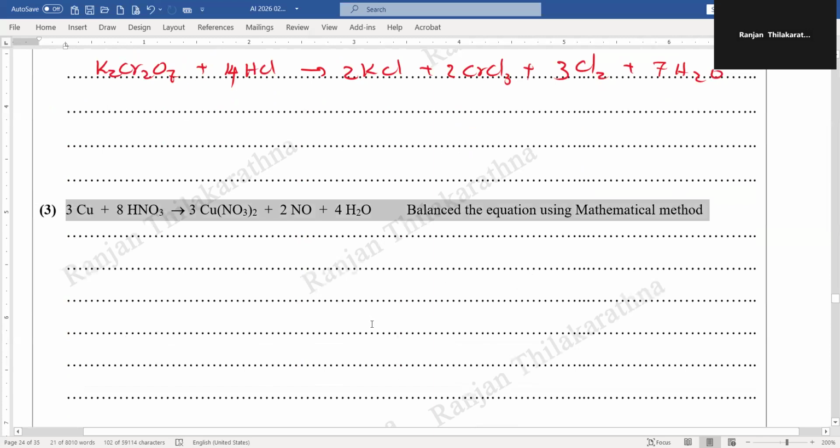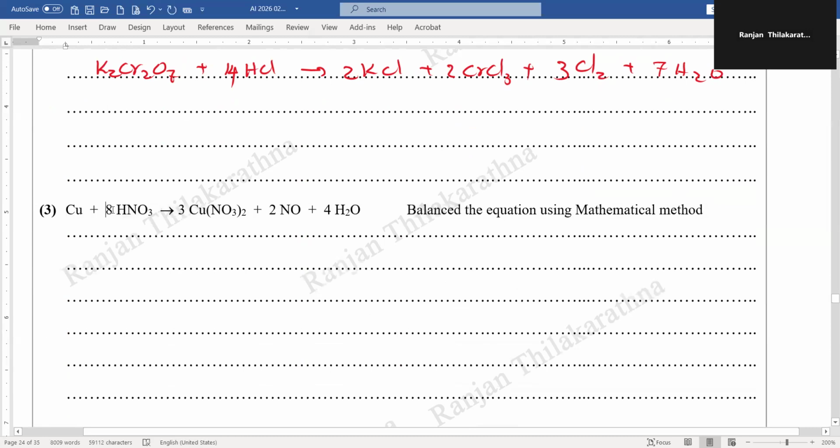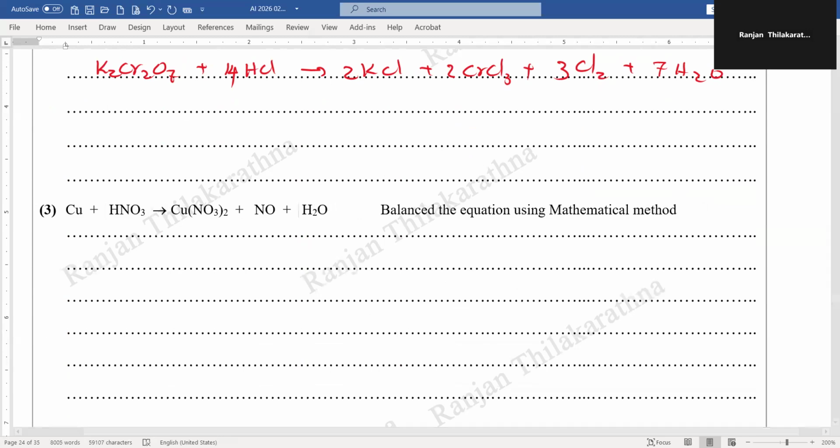Try and balance these stoichiometric numbers, as I have given here. You have to get those numbers. Just try. I'll give you 2 minutes.